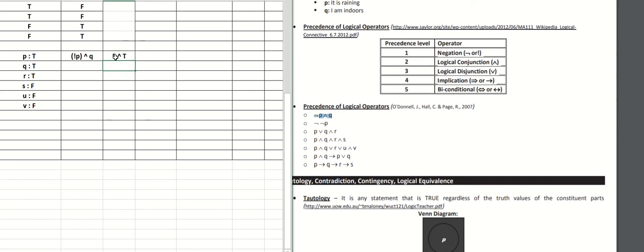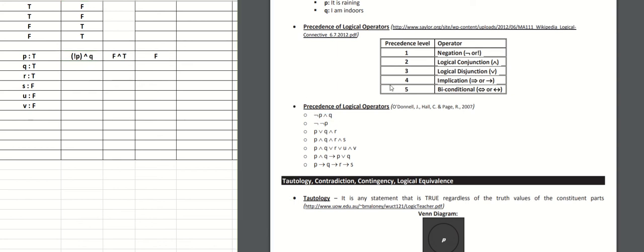Now we try to solve false and true based on the logical conjunction. The only time that the truth value will be true is if both propositions are true. Therefore, this statement here is false. This concludes that the truth value of not P and Q is false.